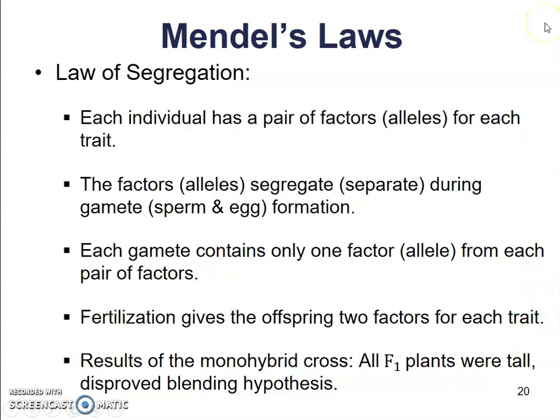In the results of that monohybrid cross, all of the F1 plants were tall, disproving the blending hypothesis. If the blending hypothesis were true, then the tall plant bred with the short plant would make a medium plant, and that's not what Gregor Mendel saw.